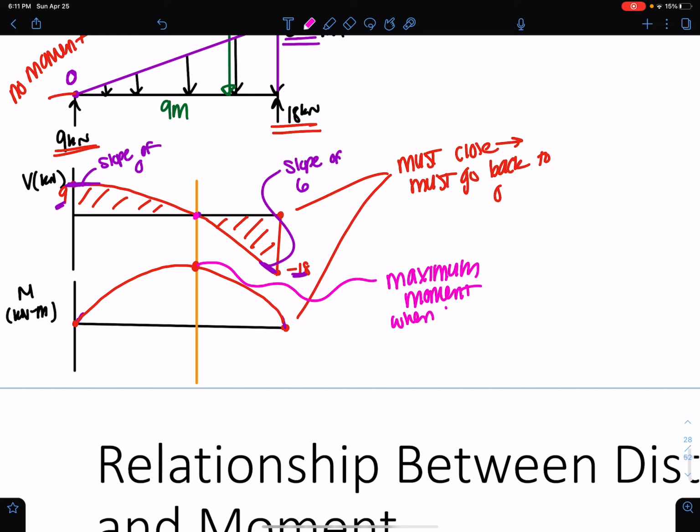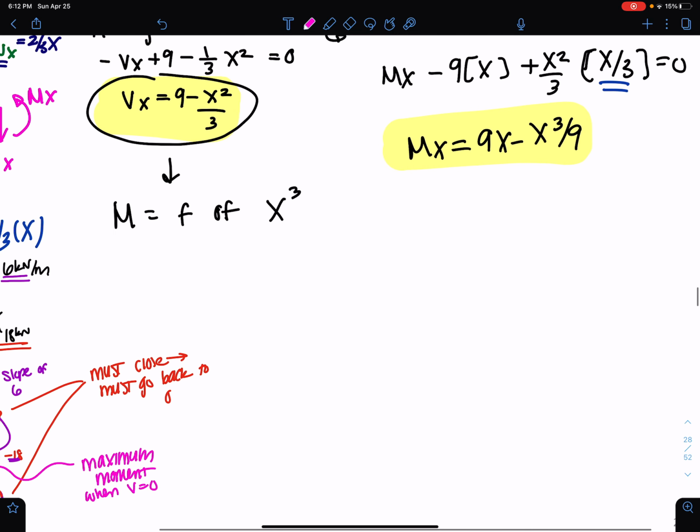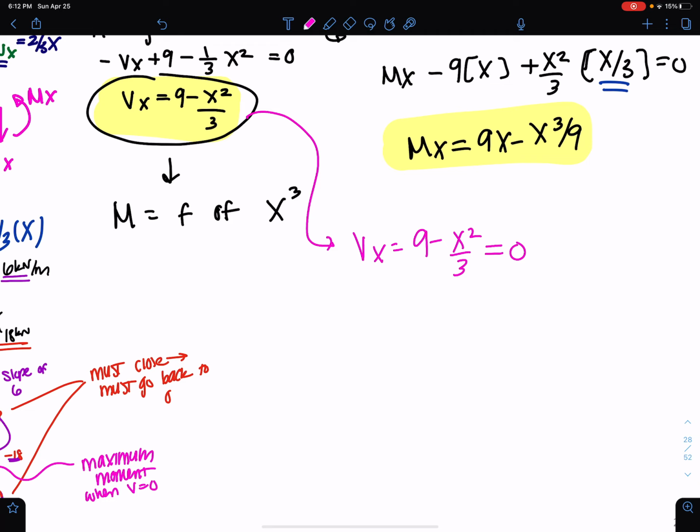When shear is 0, right? If we want to find what that M max is, let's go to our shear equation. Where does the shear equal 0? What X value does it equal 0? So we end up getting 27 equals x squared, x equals square root 27.